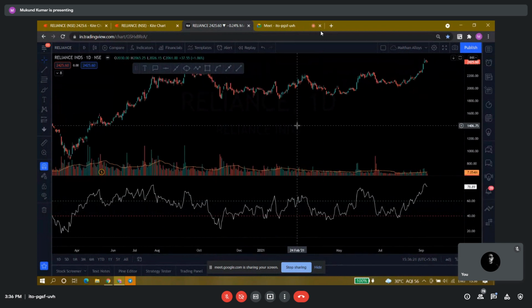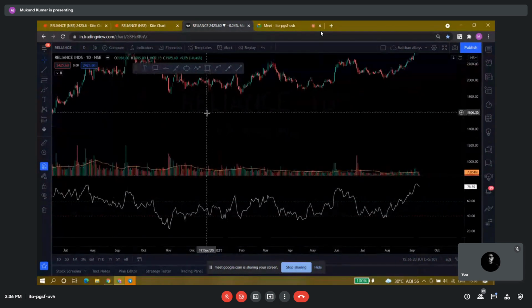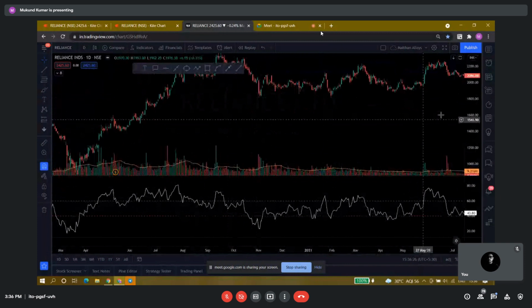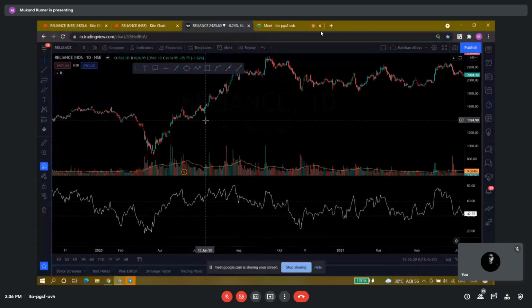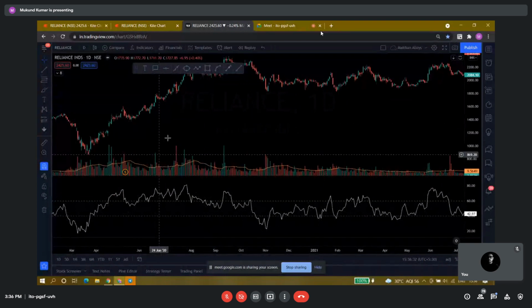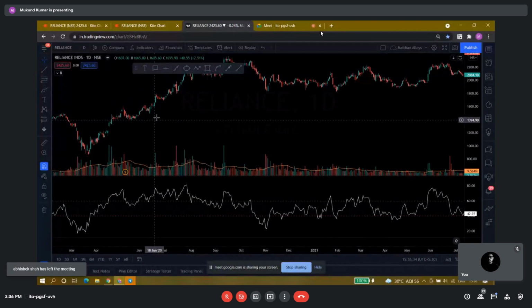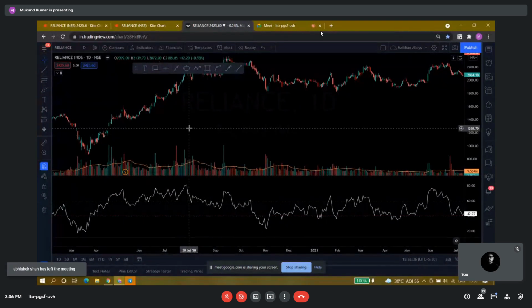So there you will have to take confirmation from price action. You will have to take confirmation of the volumes. You will have to take confirmation of the candle formations that are happening. So there come the different experiences that you have in the market.